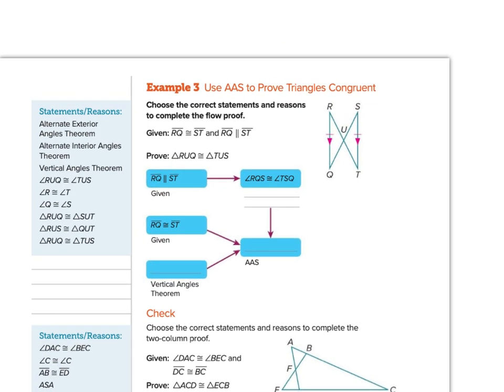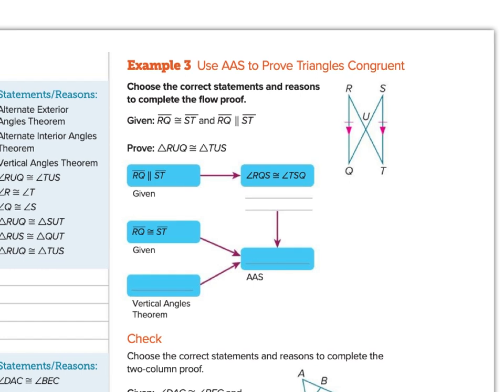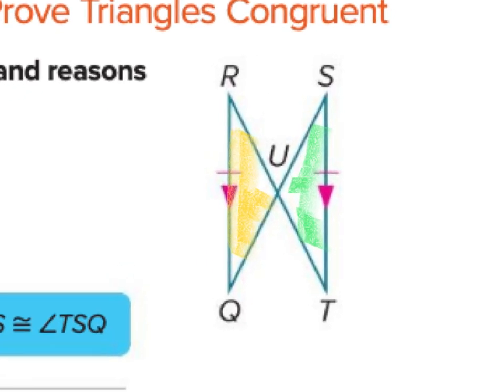Let's see here, looking at this, proving the angle, angle, side. What are we trying to prove here? Prove that this triangle is congruent to this triangle. There's a lot of things that we can do here, but I know that vertical angles are congruent. I know that they're telling me that this side is congruent to this side. I know that we have two parallel lines cut by a transversal.